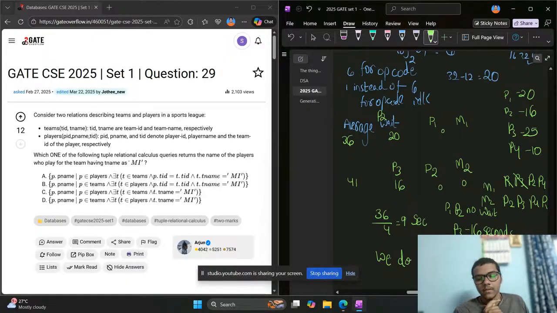We don't know tuple calculus. So we are supposed to know that. Let's try this. What do you name it? Name of the players who play for the team. You need the player name who plays for teams.